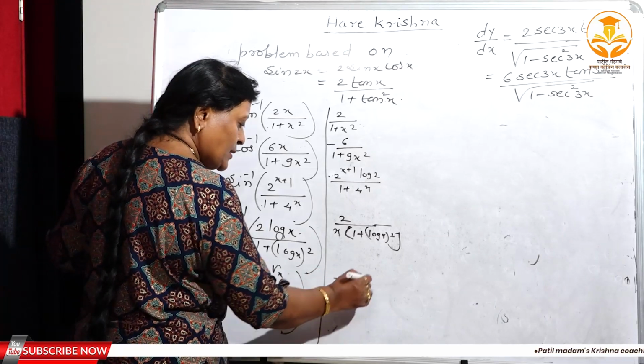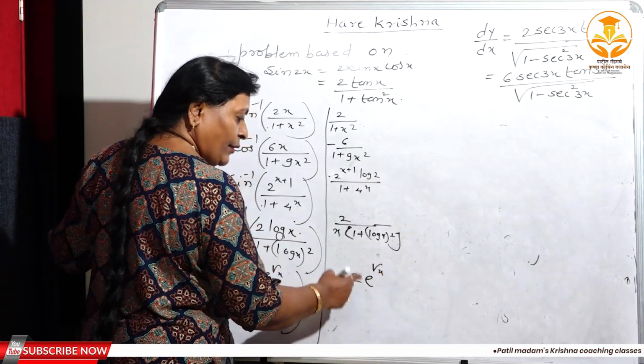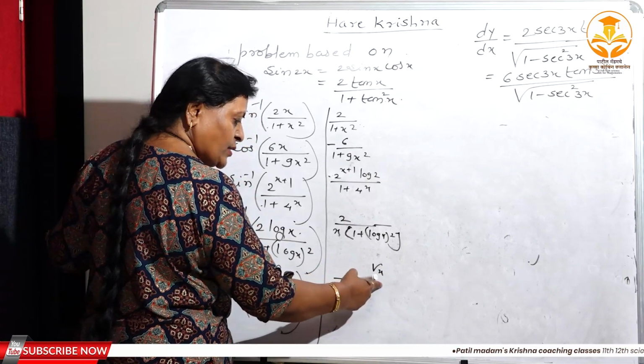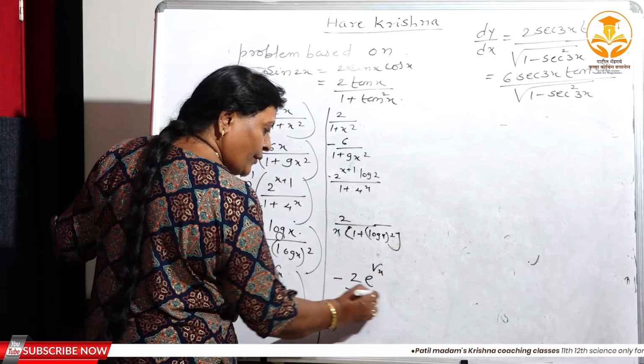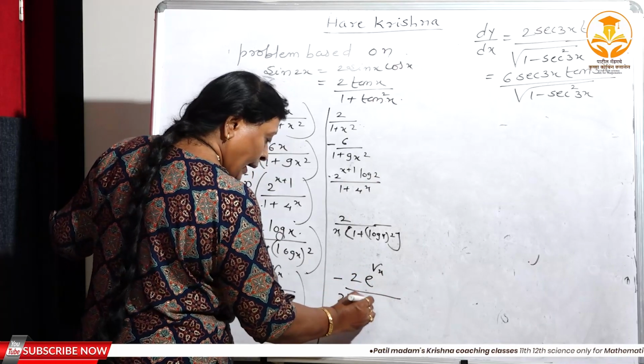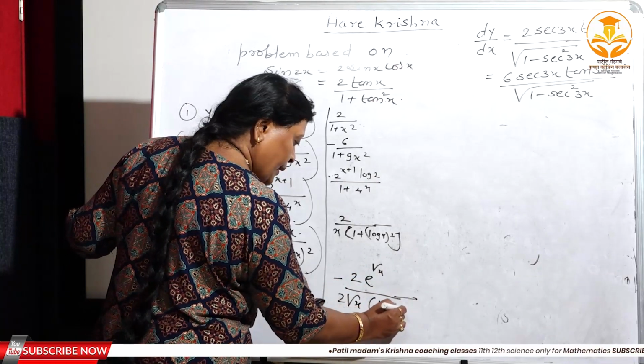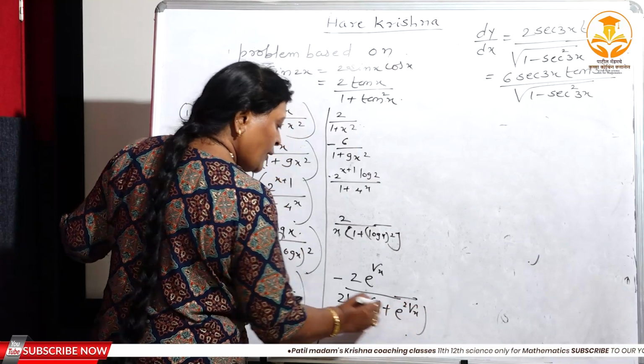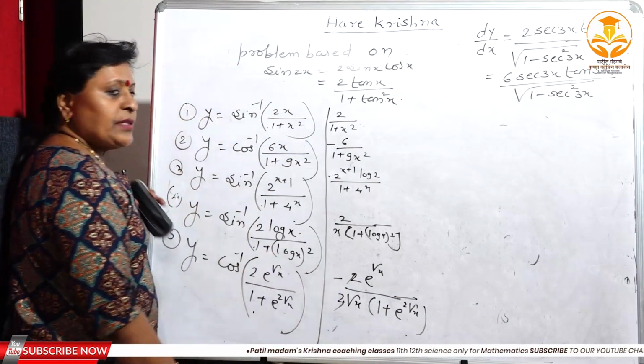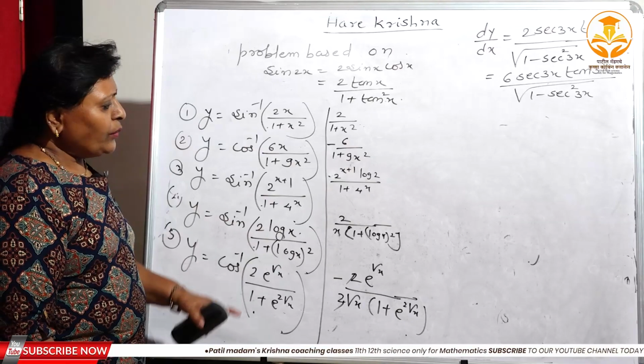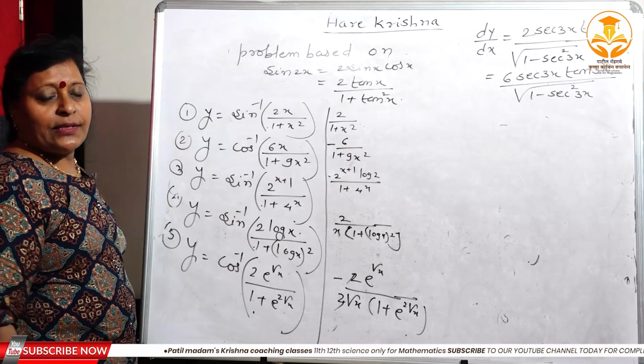Minus 2 remains as it is. The derivative of e raised to root x is e raised to root x, and the derivative of root x is 1 by 2 root x, and the denominator remains as it is. Therefore the 2 gets cancelled and you will get this result. Write down the result and see whether you get these results or not.